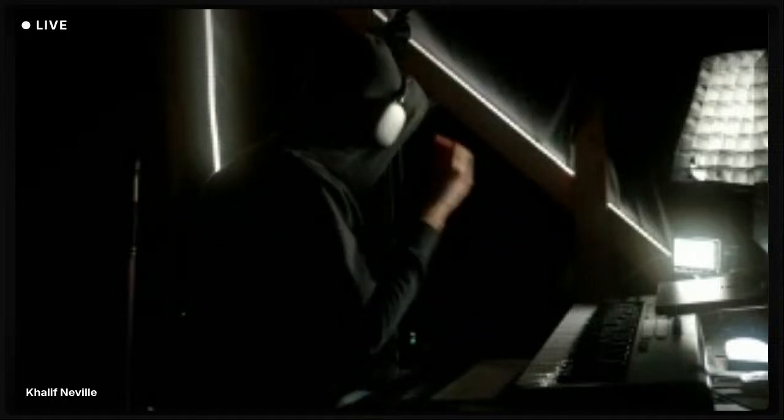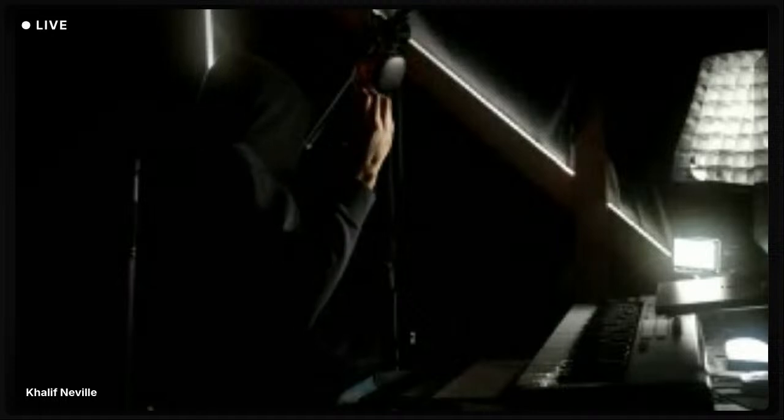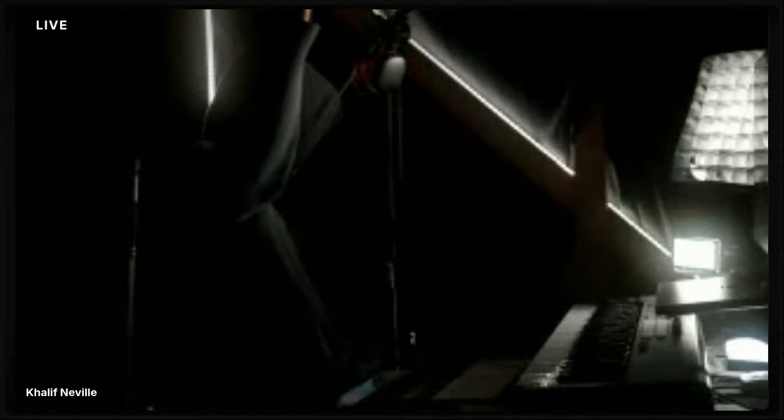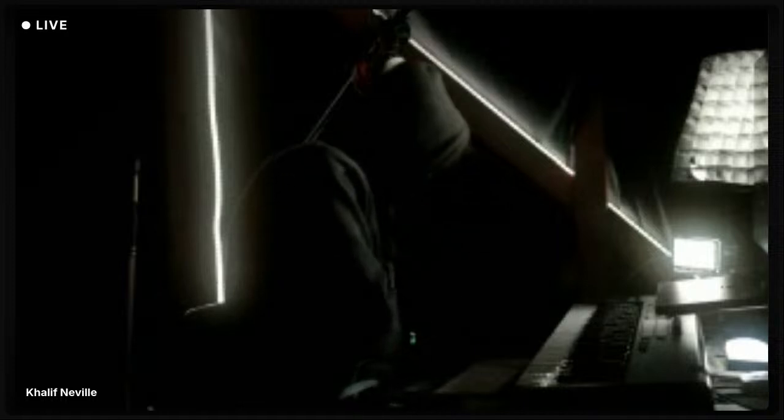Ah, this is stupid. Yeah, that's exactly what it is. It was right on. Damn, these cables are so. There's a lot of cables.